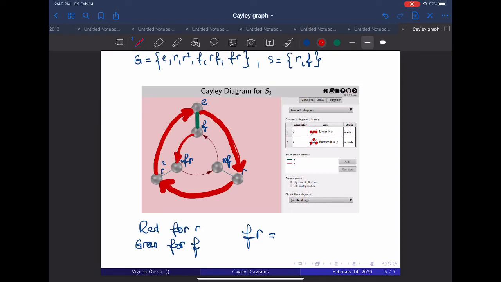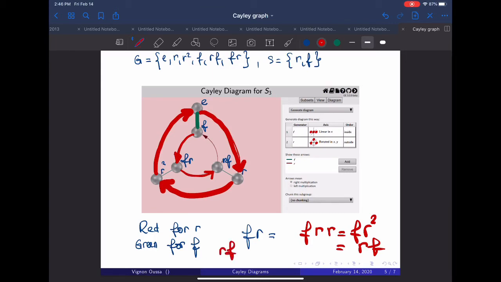And if we have F R times R, that'll be FR square, which corresponds to RF.